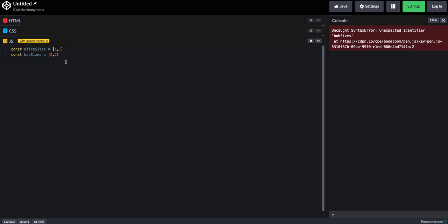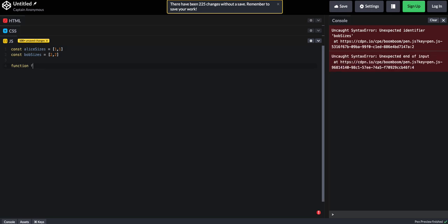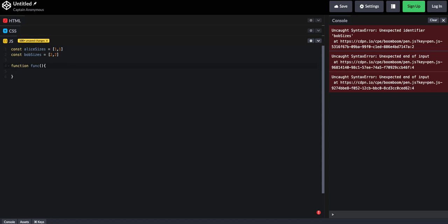Okay. So here's our function. We're not going to return anything yet. Should we see undefined in the console? We do.